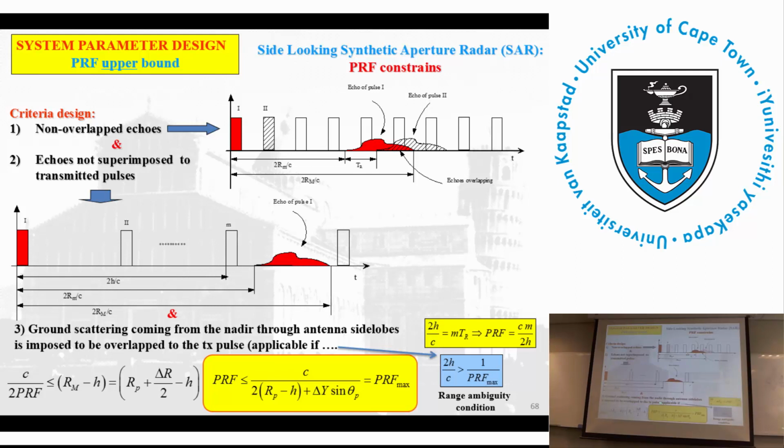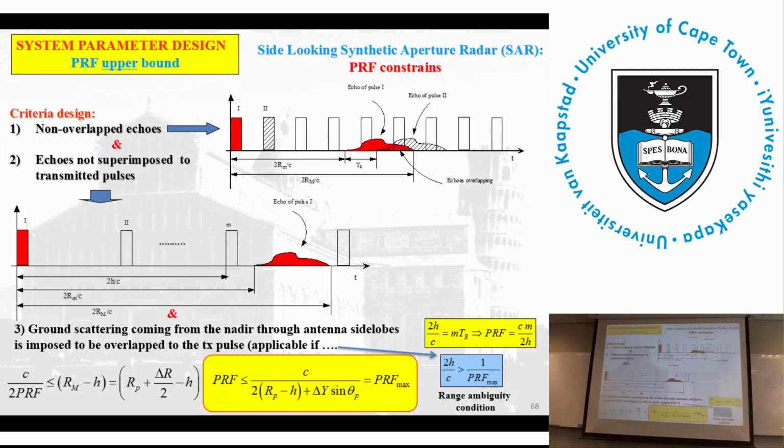So if I can do that, then it's interesting. The only condition for which I can do this is that I have a range ambiguity condition. So I have to be range ambiguous in order to be able to put a pulse right at that distance. But that's something that I would do for a spaceborne SAR.